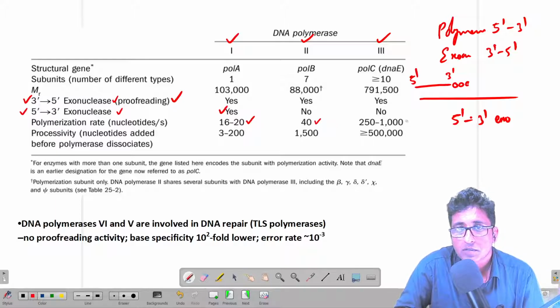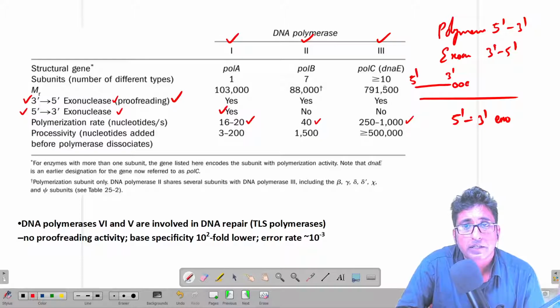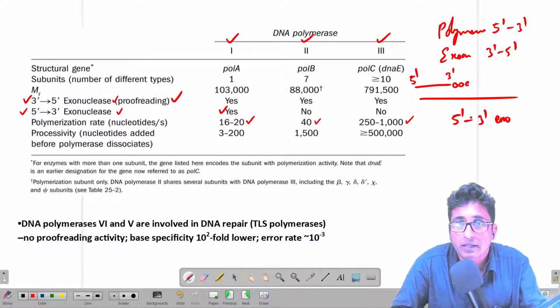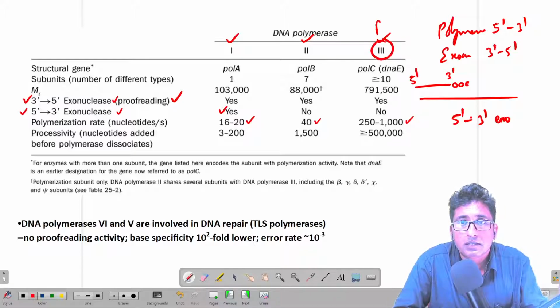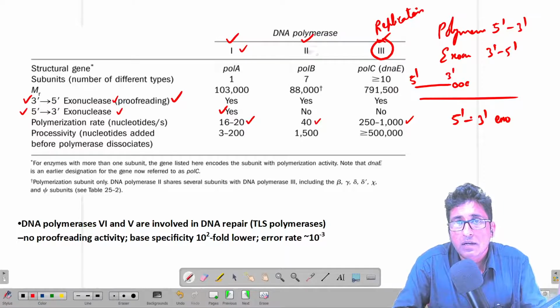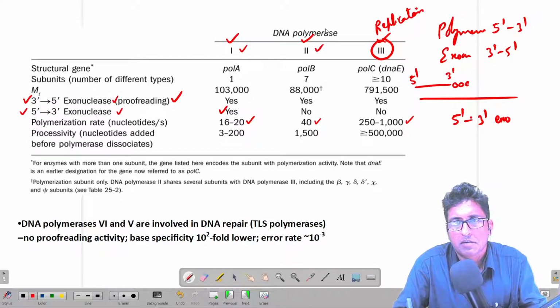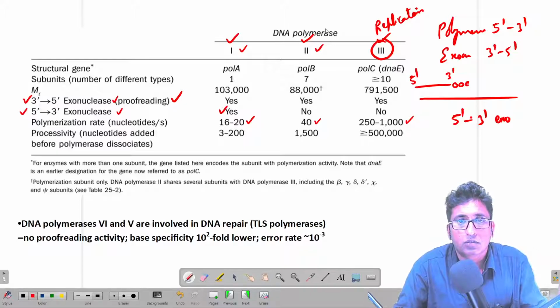But look at DNA polymerase 3, because it can add somewhere between 250 to 1000 bases per second, and that is the reason why DNA polymerase 3 is important for replication. The other two, DNA polymerase 1 and 2, are specialized for doing small jobs, cleanup jobs, something like DNA repair. If there is any damage or gaps, then they are good to fill in those gaps.